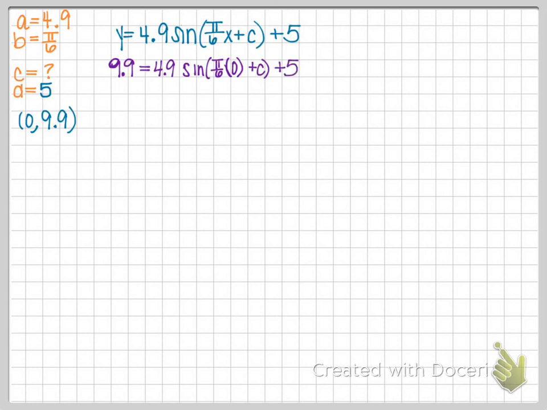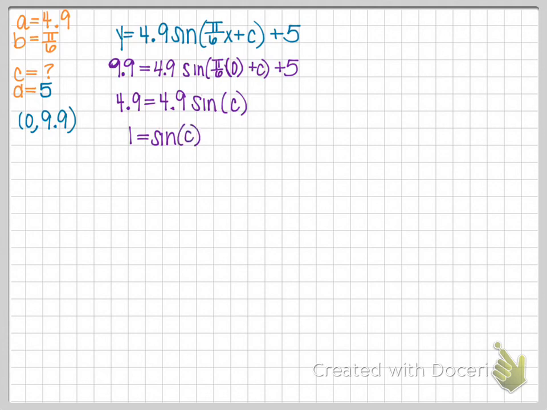So the first thing we're going to do is subtract 5. Get that 4.9 equals 4.9 sine of c, if we simplify that inside. Divide by 4.9, so we're going to get 1 equals the sine of c.